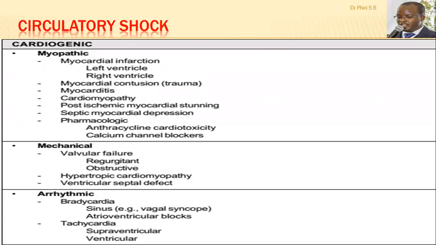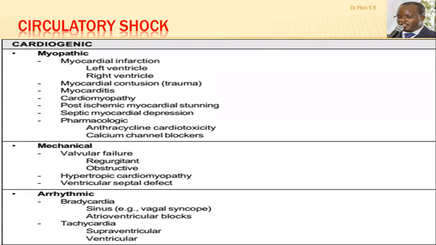Then you also have mechanical causes of cardiogenic shock. You have valvular failure, like regurgitation of the valves, obstruction of the valves in terms of stenosis, then blood flow will reduce. You find that even if the ventricles are contracting, blood cannot be ejected into the pulmonary trunk and also the aorta because of stenosis or obstruction of the valves or diseases that are affecting the valves.